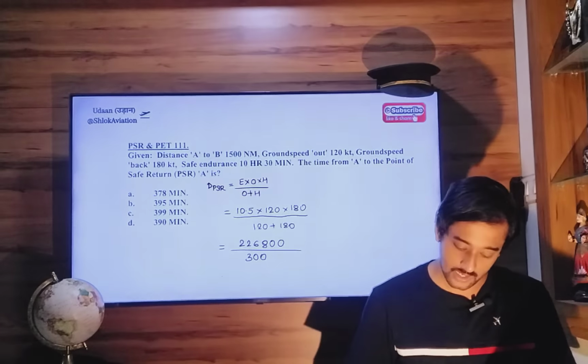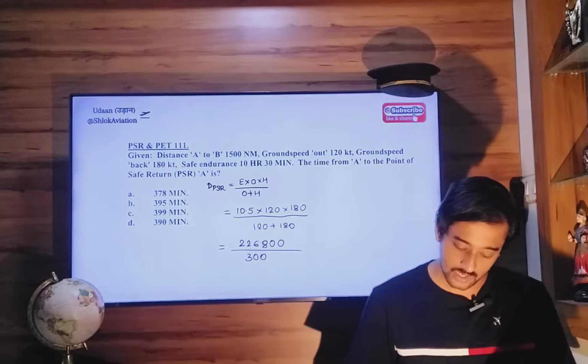Divided by 370 is 785.6 or 786 nautical miles. So distance to PSR is equal to 786 divided by 190 is equal to 4 hours 8 minutes which is equal to 248 minutes. Option alpha.